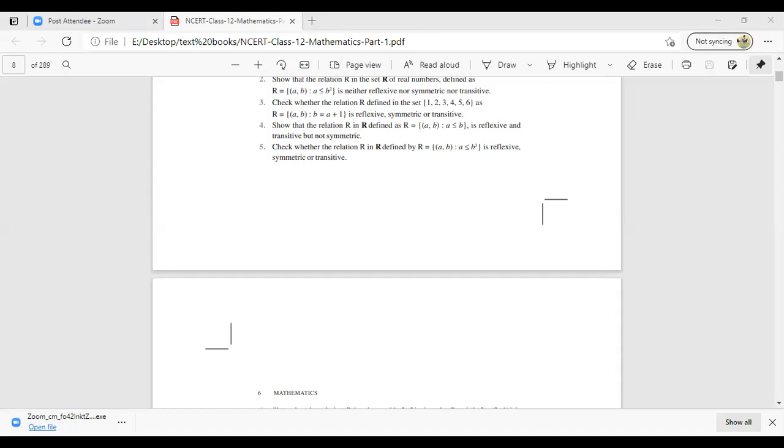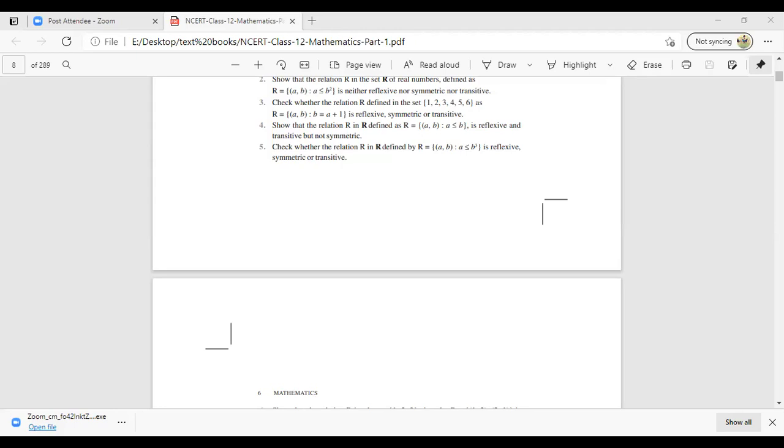So we should write A is the set of all real numbers, and R is the relation defined as a is less than or equal to b cube. Check whether it is reflexive, symmetric, or transitive.